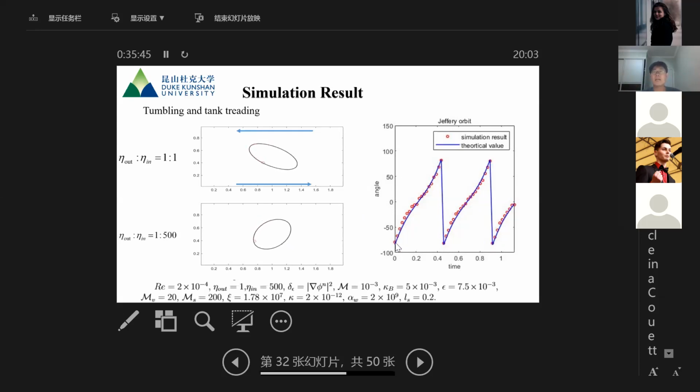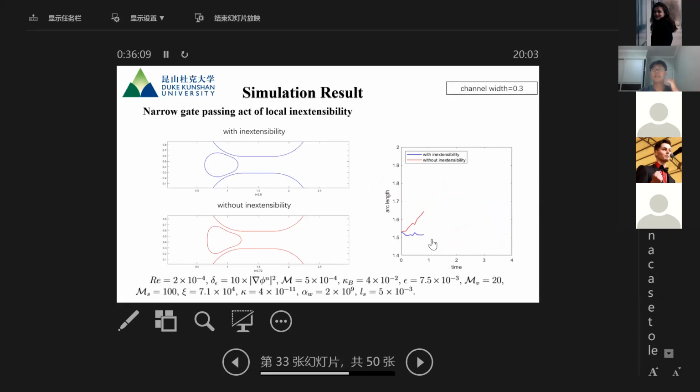You can see that my red circles are the simulation result. So the simulation model has a good approximation of the theoretical result. That shows that, okay, this model is acceptable for the theoretical analysis. Okay.